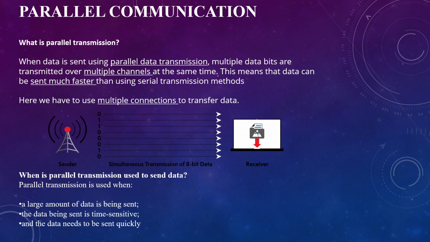So it gives information to multiple ECUs at a time, and takes messages from multiple ECUs at a time. This means the data can be sent much faster than using the serial transmission method. It will send the message to all the ECUs and receive the message from all the ECUs at a time.